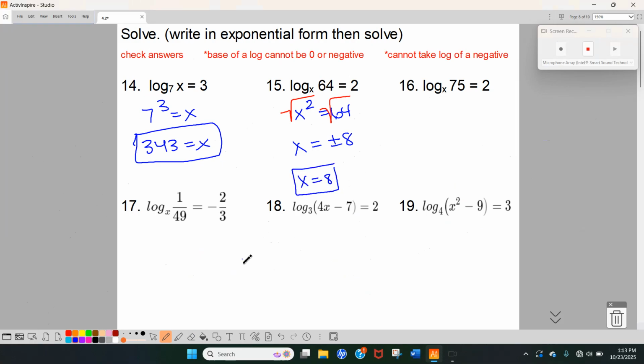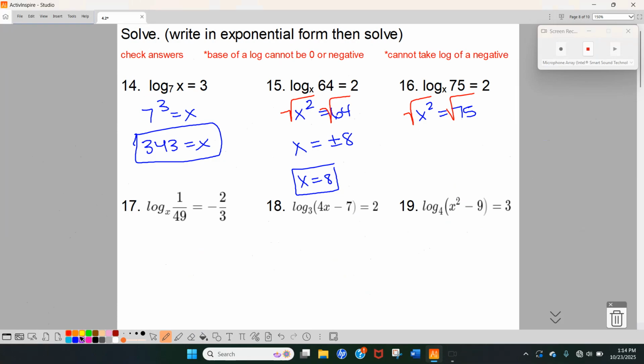All right, so 16 is a lot like 15. It's just we have to remember how to simplify a radical. So we've got x squared equals 75. We take the square root of both sides, then we will get plus or minus the square root of 75.